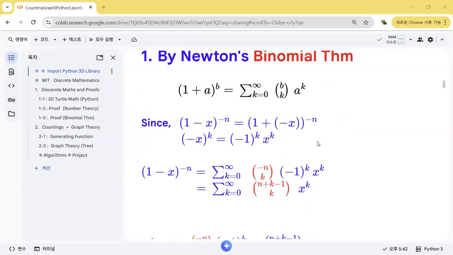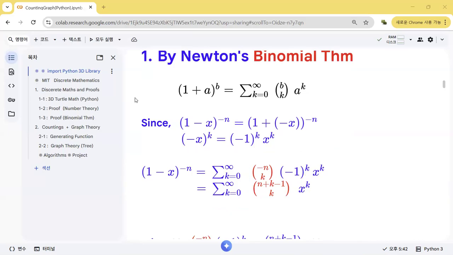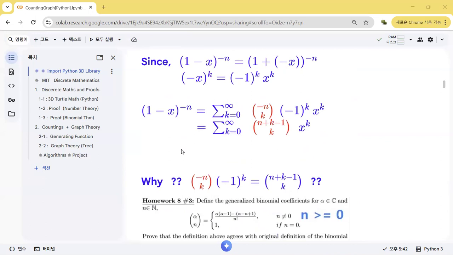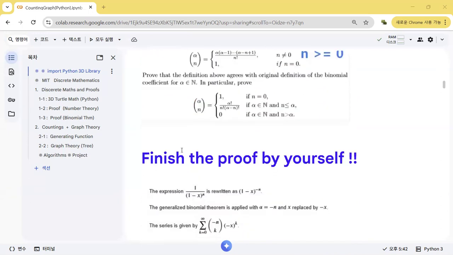So this one is just what I explained. So let's prove this one is equal to that one. That is the key. This is the first method. And why they are the same, just try the computation.